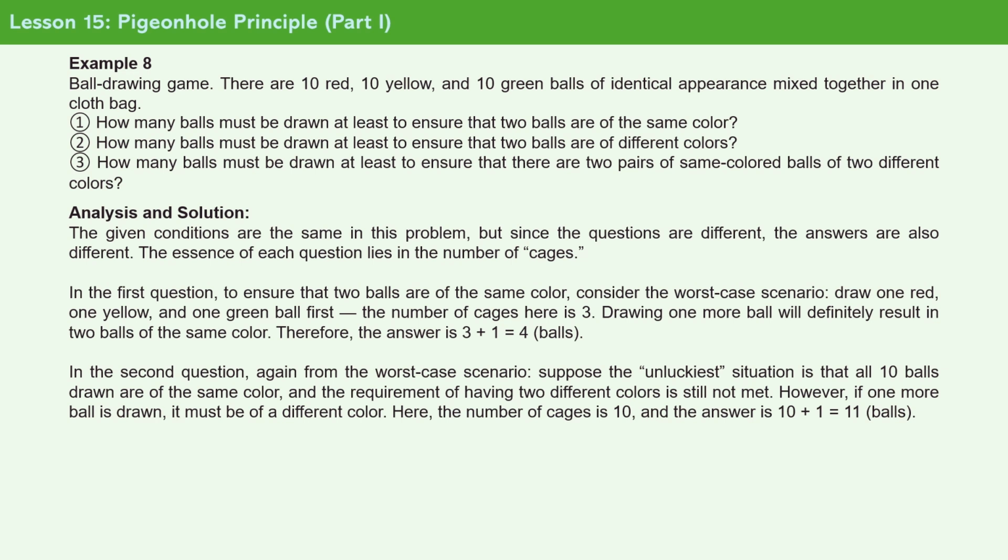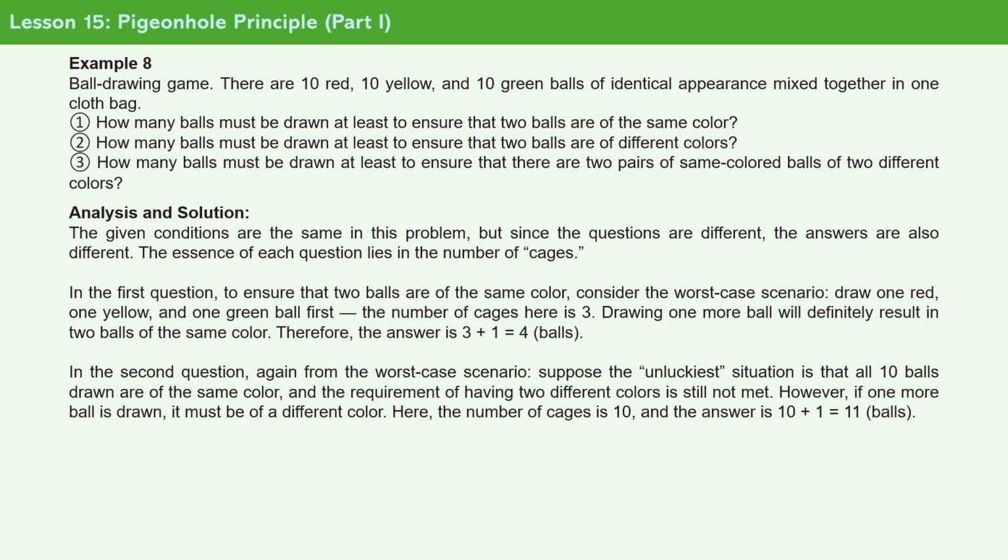The essence of each question lies in the number of cages. In the first question, to ensure that 2 balls are of the same color, consider the worst-case scenario. Draw 1 red, 1 yellow, and 1 green ball first. The number of cages here is 3. Drawing 1 more ball will definitely result in 2 balls of the same color. Therefore, the answer is 4 balls.